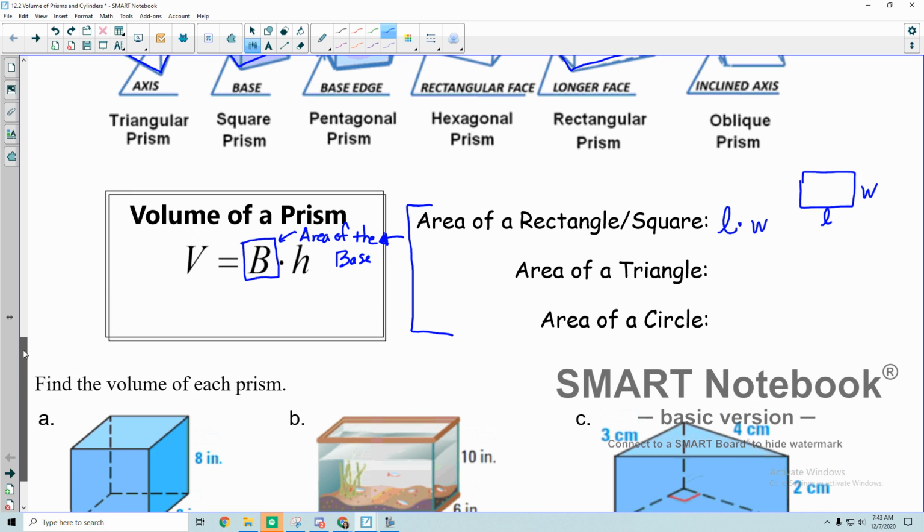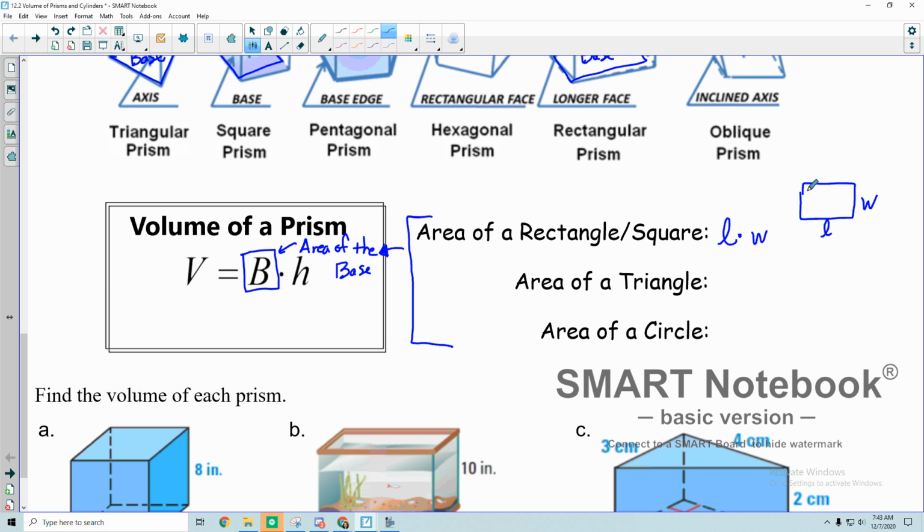If it was a triangle, remember we talked about before, we can make a triangle by taking any rectangle or square and dividing it in half along the diagonal. That's how we get triangles to form. So we take 1/2 and multiply that by length times width.